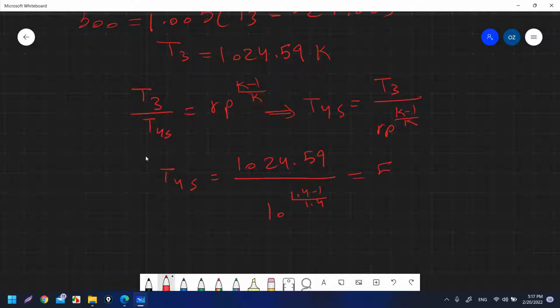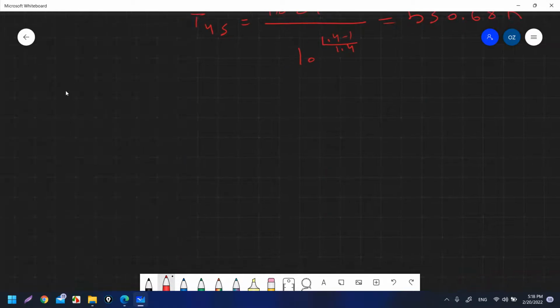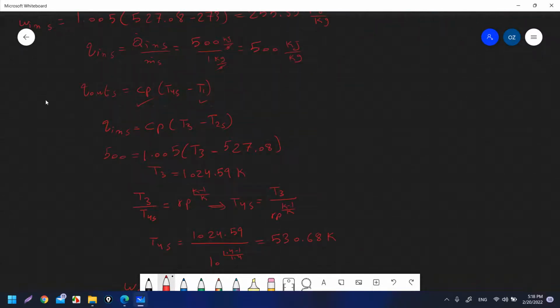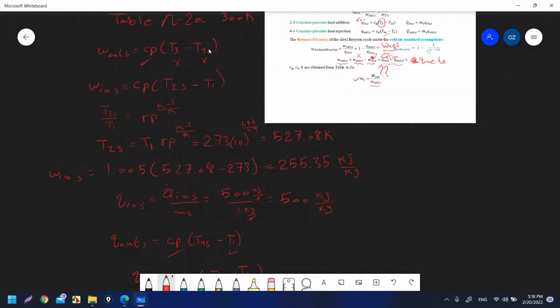So T4S is equal to 530.68 Kelvin. And now I can find W out S and Q out S. So W out S was CB times T3 minus T4S.